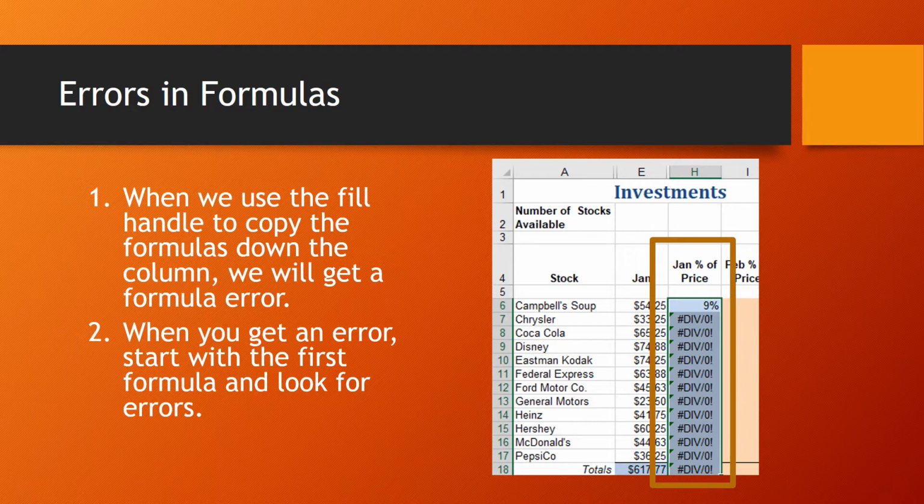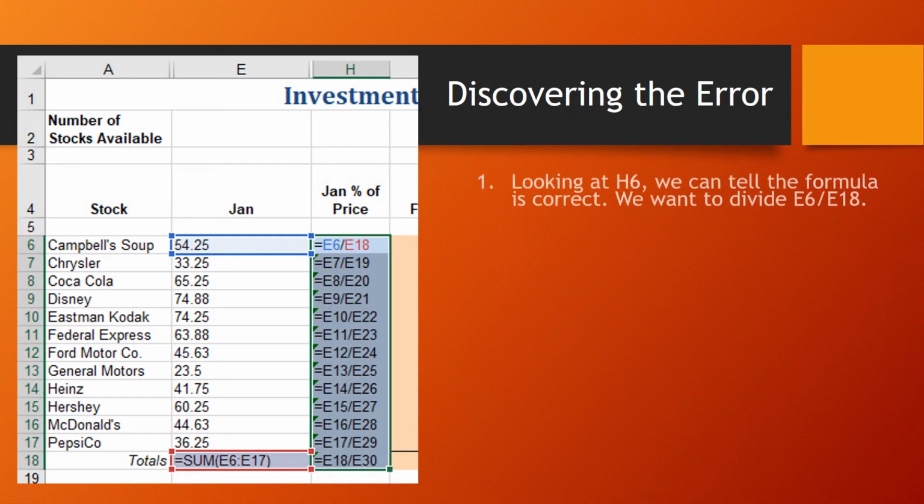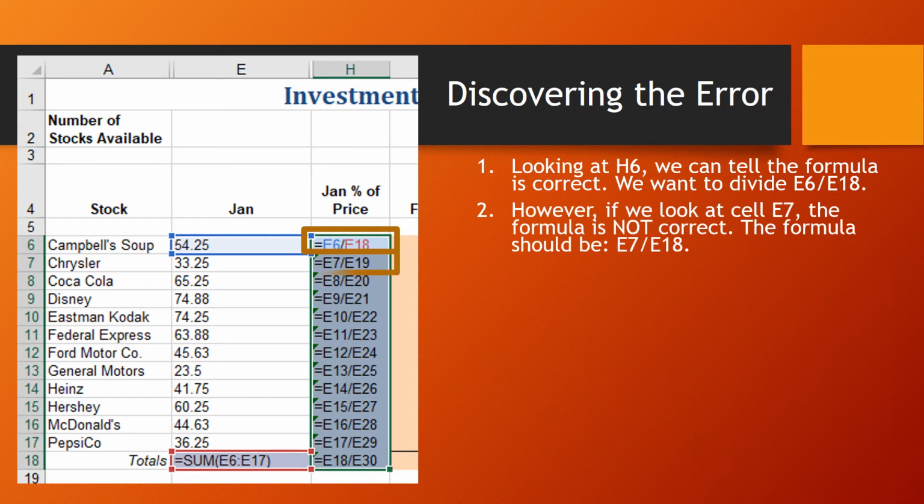When you get an error, start with the first formula and look for the error. Looking at H6, we can tell the formula is correct. We want to divide E6 by E18. So now we go to the second formula.